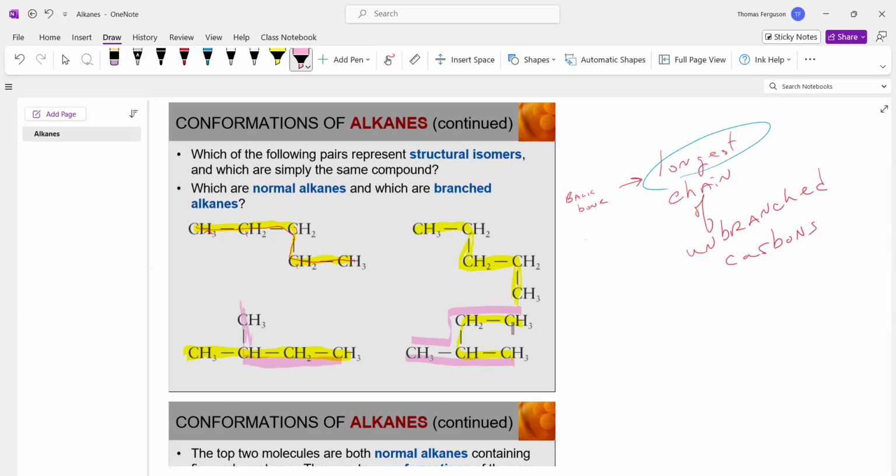We're going to get into naming a lot in a minute. Is everyone okay with this longest chain bit? The toughest part in this chapter is going to be naming, because it's tricky: you have to figure out the longest chain.